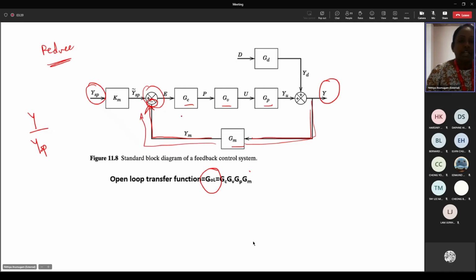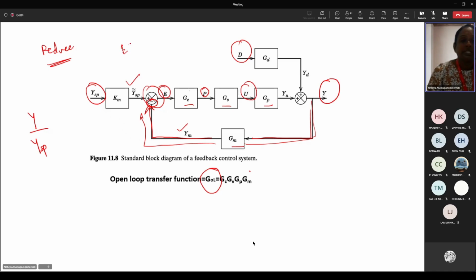All right. So U in this case is the manipulated variable, and this is the disturbance. And the P is the controller output, the output from this controller. The error E can be calculated from the system based on this signal and this signal.